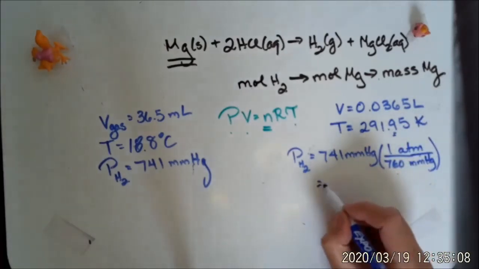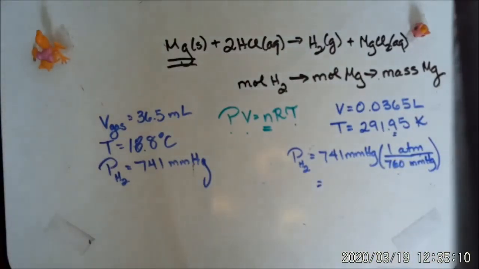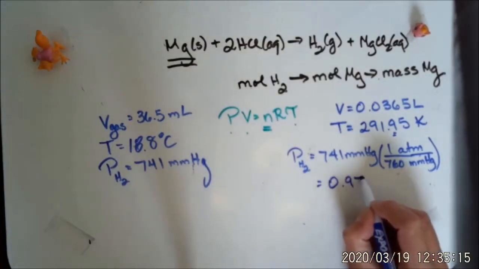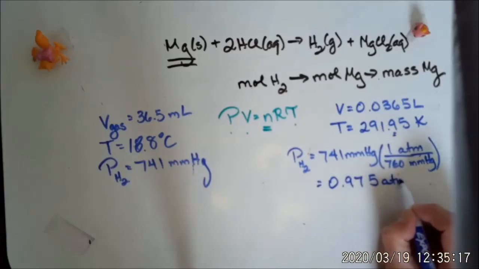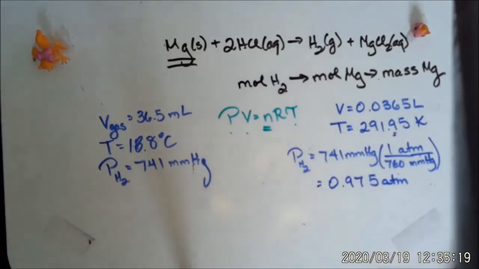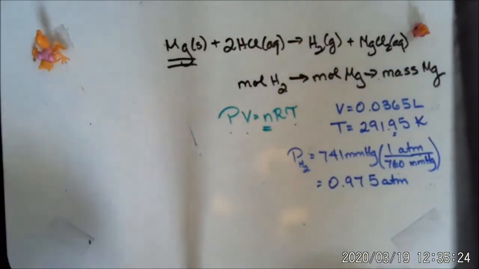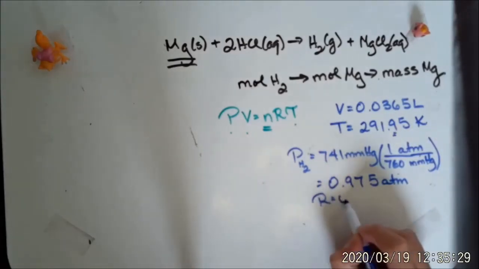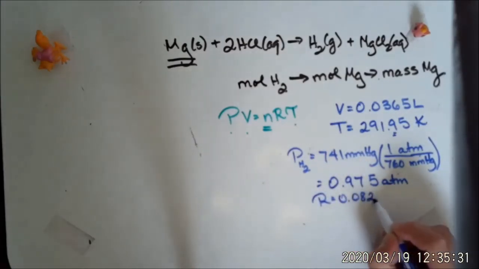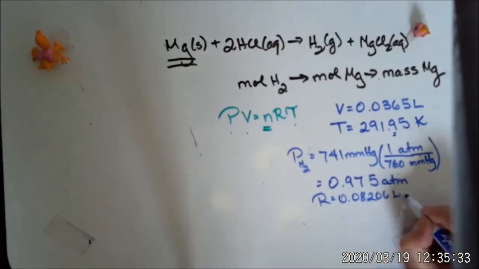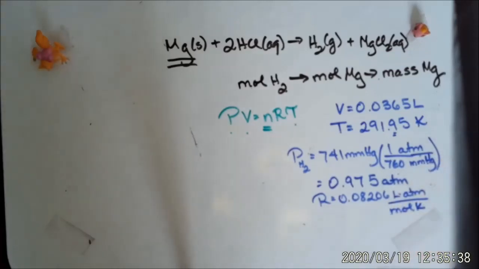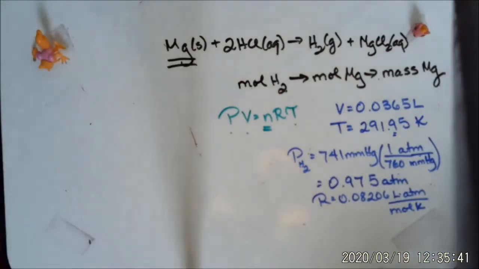Okay, so we get 0.975 atmospheres. So the first business is to get n. R, just so you know and have it on the board, is equal to 0.08206 liter atmospheres per mole Kelvin. Okay, so let's go ahead and find out what n is.